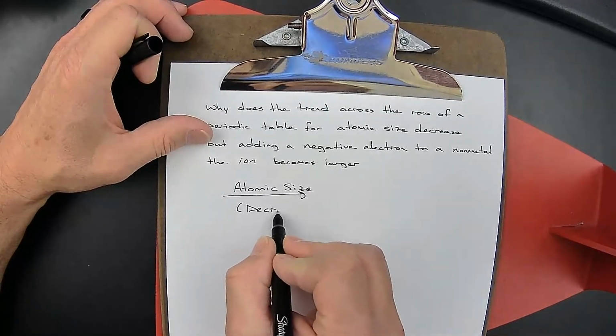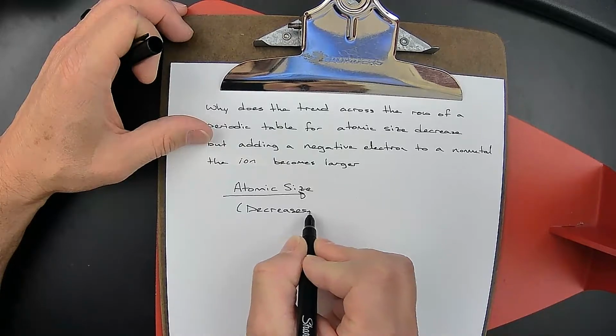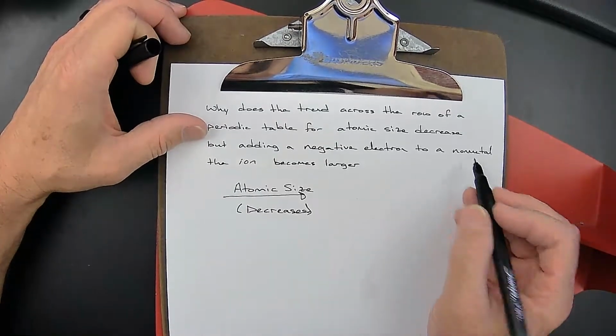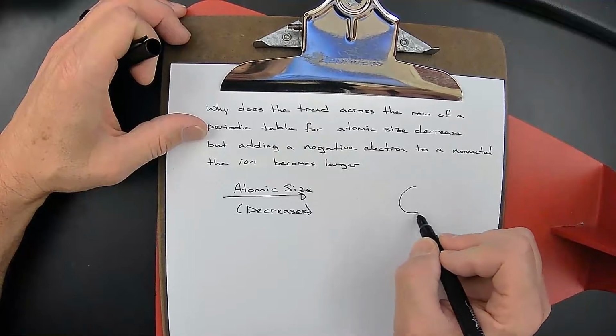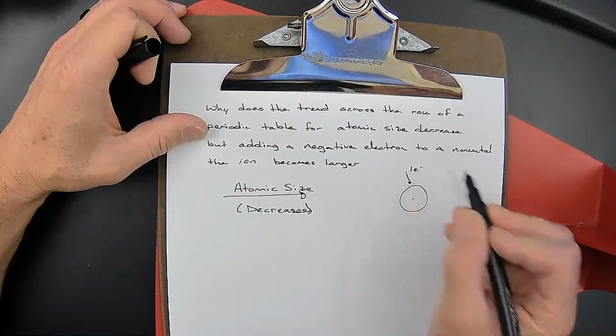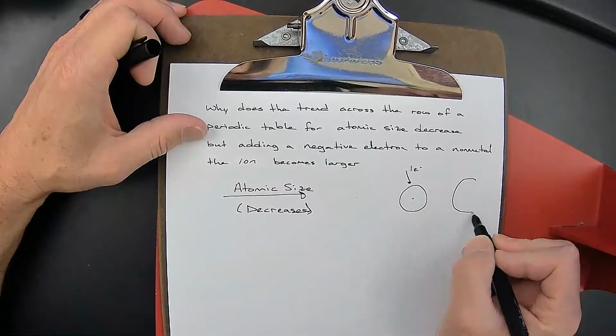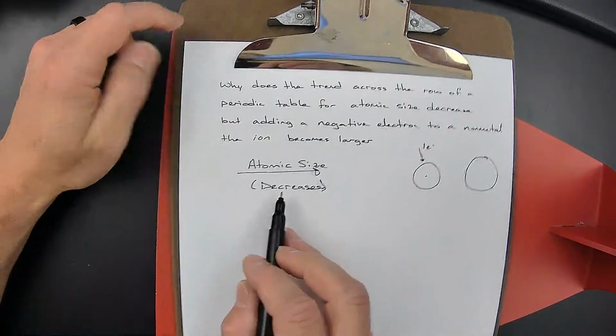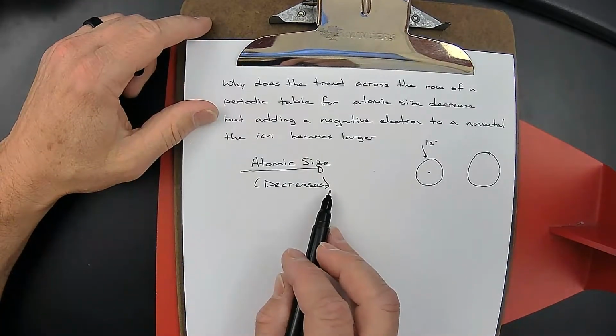But when we are dealing with a non-metal atom gaining one electron, the atom gets bigger. If you remember over here, the atomic size decreases as we move across.